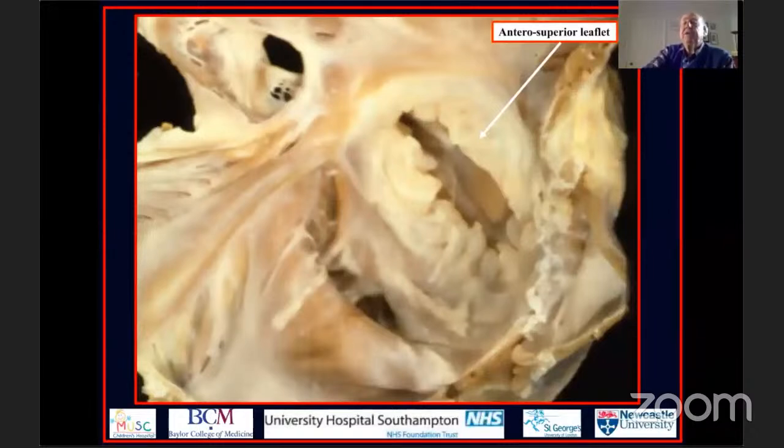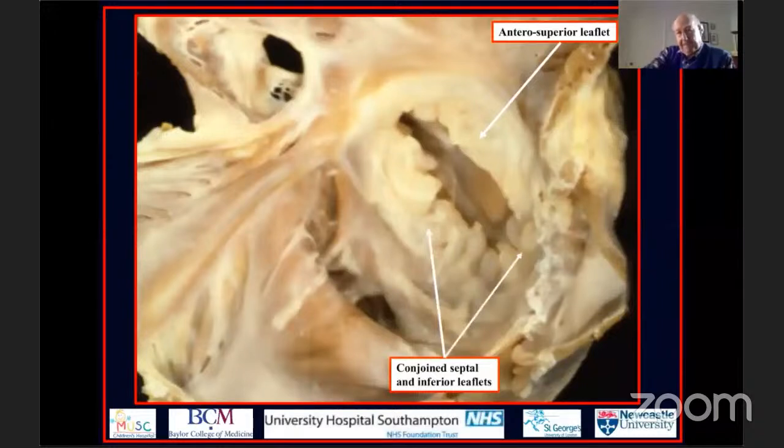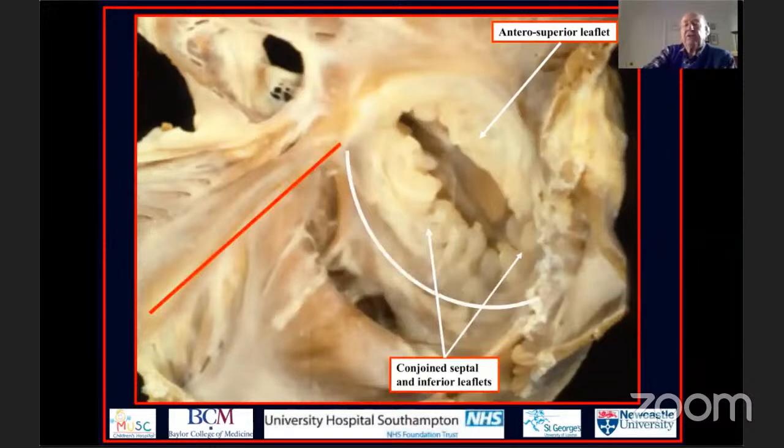The anterosuperior leaflet retains its attachment at the atrioventricular junction, arising from the atrioventricular aspect of the supraventricular crest. But you see that in this particular heart, there is obvious conjunction between the septal and the inferior leaflets. Most importantly, they are rotated away from the atrioventricular junction.